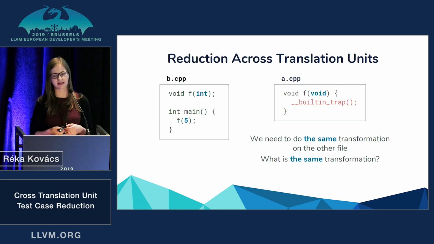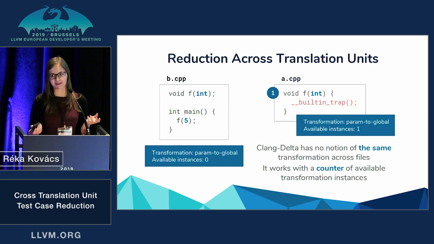So you might just say, we just need to do the same transformation on the other file. But what is the same transformation? In fact, Clang Delta at this point works with a counter of available transformation instances, which holds no information about the exact language elements that it transforms.